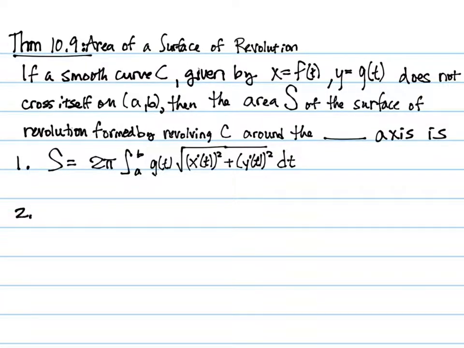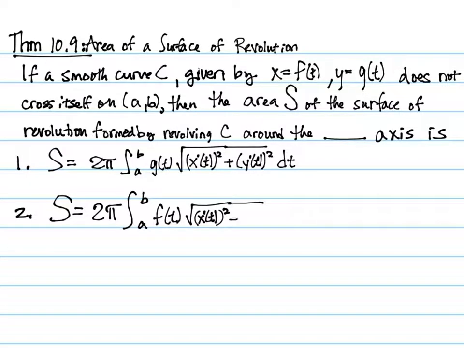Or, number 2, S equals 2 pi times the integral from a to b of f of t times the square root of x prime of t squared plus y prime of t squared dt.